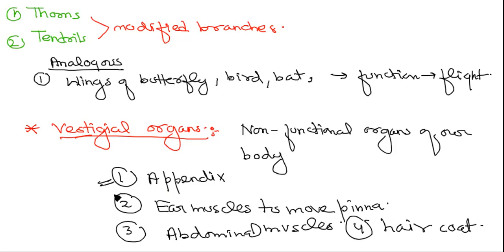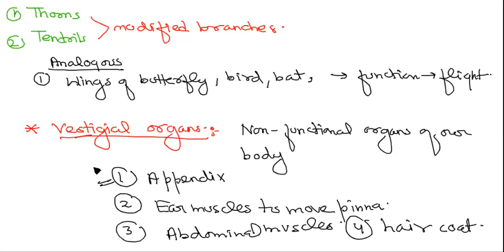It is now a non-functional organ because the ancient man was in the habit of eating raw food, raw flesh, right? To digest raw plant food, more cellulose is present. So to digest that cellulose, a particular enzyme is secreted by the appendix only.